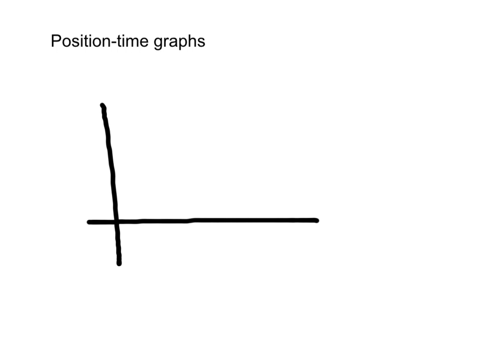Alright, next, position time graphs. I think this one is pretty simple. I might give you a graph, tell you it's position versus time, and then tell you that you have somebody who starts at some position. Let's just make up some numbers here. Let's say they start at 3 meters, and I'm just going to make up a time.